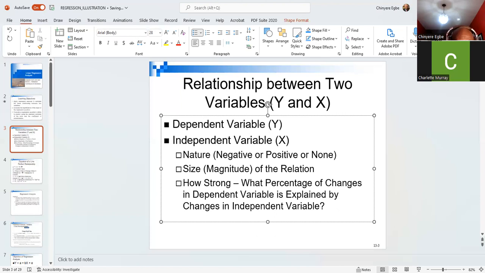Okay. And that question is answered by asking the more clarifying question: what percentage of changes in the dependent variable is explained by changes in the independent variable? Okay.